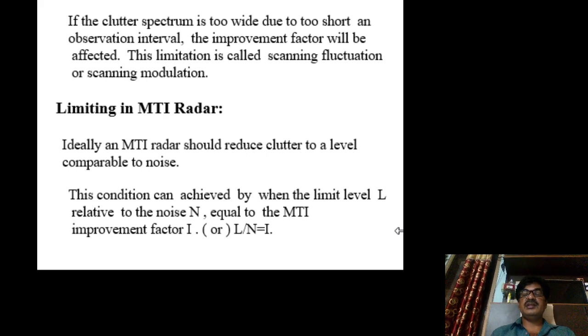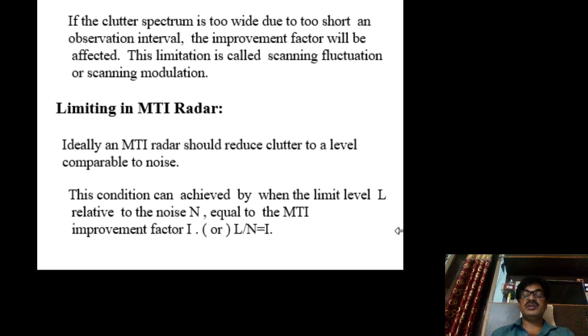Then coming to limiting in MTI radars. Ideally the MTI radar should reduce the clutter to a level comparable to noise, but a limiter unit is used. It is similar to a threshold block. Here also we have to set a limit value with reference to noise.